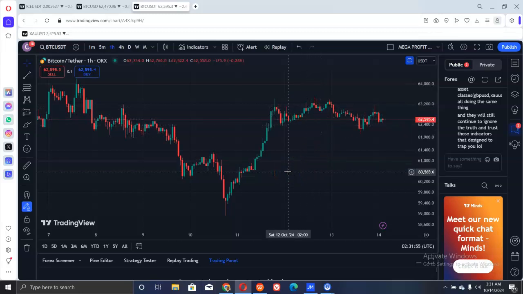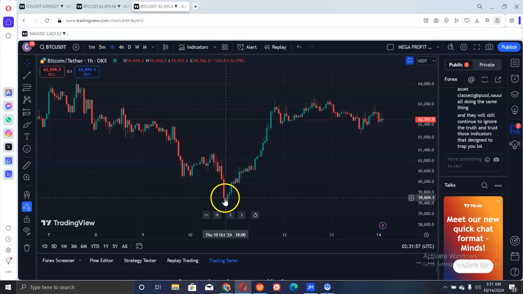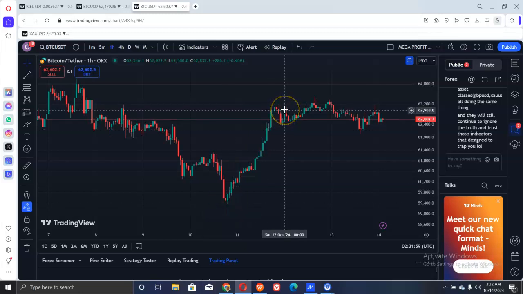Mind you, you need to understand this: anytime the market moves from the bulls, it must consolidate before it goes back to the bears. Anytime the market moves up, it must do what we call a pullback and consolidate before it continues. So at any given time, there is a trend, either bullish or bearish.